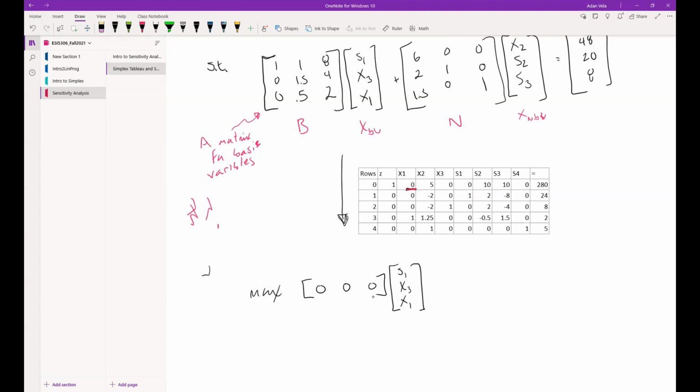We then have the decision variables that correspond to the non-basic variables, and those are X2, S2, and S3. For those of you who are wondering how we ended up with the order S1, X3, X1, it's because the highest row where you have a 1 is S1.